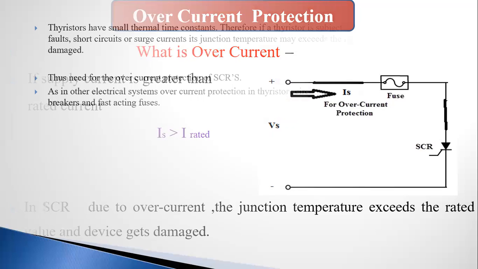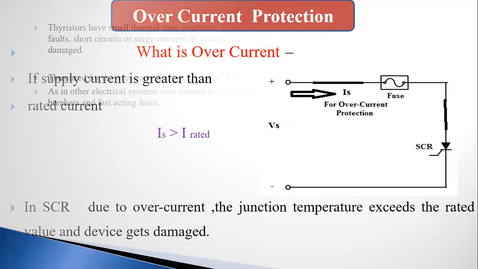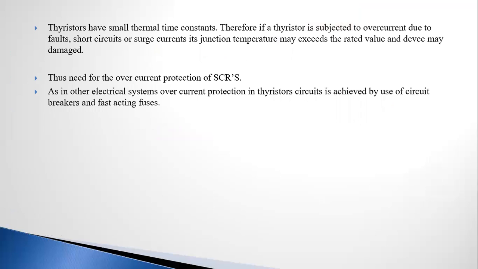In this circuit diagram, we have provided the fuse in series with the SCR for the overcurrent protection. Thyristor has a small thermal time constant. Therefore, if Thyristor is subjected to overcurrent due to fault, short circuit or surge current, its junction temperature may exceed the rated value and the device may get damaged.